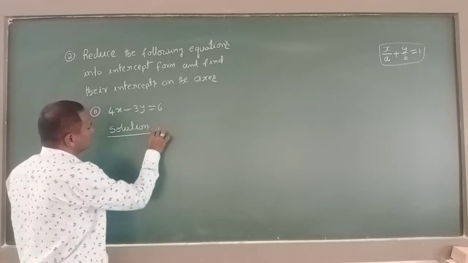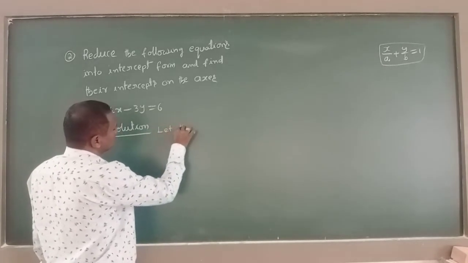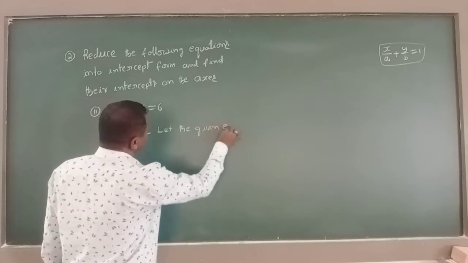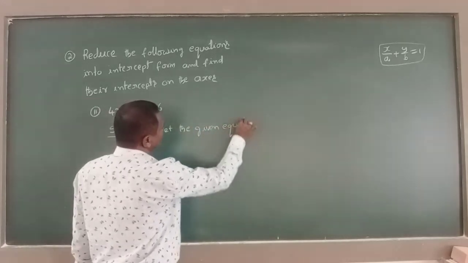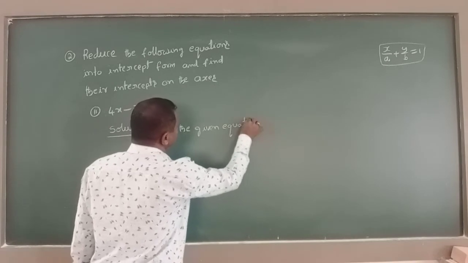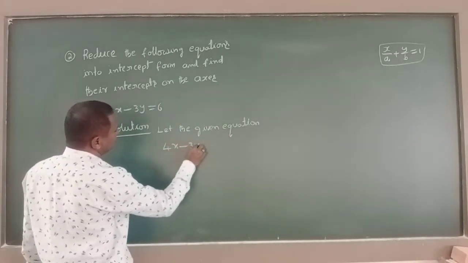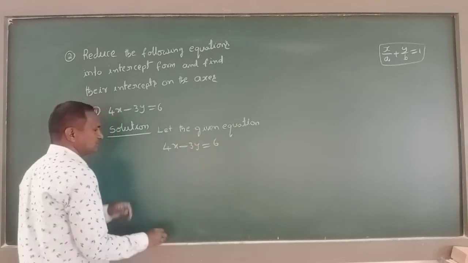Let the given equation be 4x minus 3y is equal to 6.